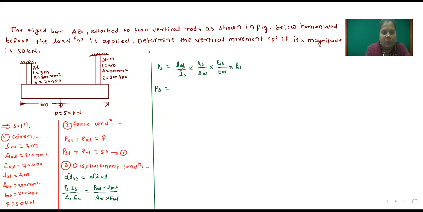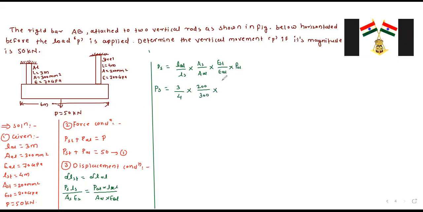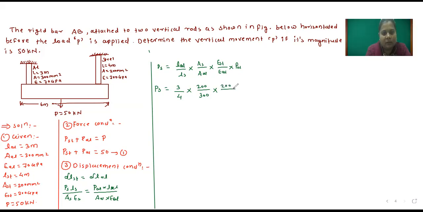So PS is equal to length of aluminum rod 3 meter divided by length of steel rod 4 meter into area of steel rod 200 divided by area of aluminum rod 300 into Young's modulus of steel rod 200 divided by Young's modulus of aluminum rod 70 into P aluminum. Now you solve and tell me what is the relation between PS and P aluminum.